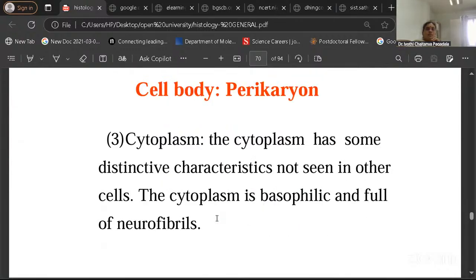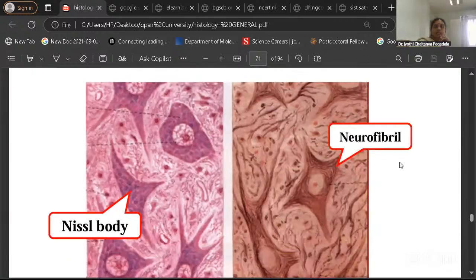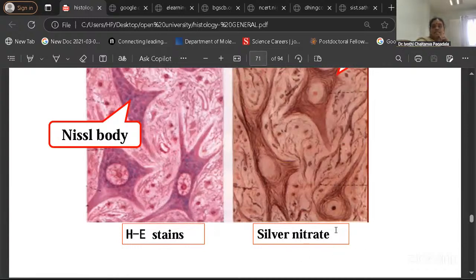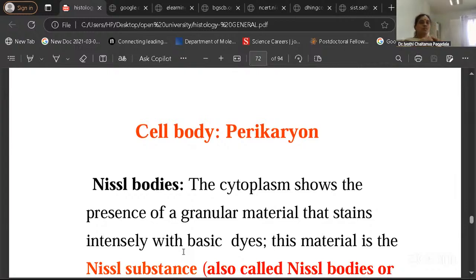When coming to the cell body, the cytoplasm has some distinctive characteristics that are not clearly visible in other cells. The cytoplasm is basophilic and full of neurofibrils. Here you can see the difference between the neurofibril and Nissl body, with silver nitrate staining and hematoxylin stains. Nissl bodies, what are Nissl bodies?